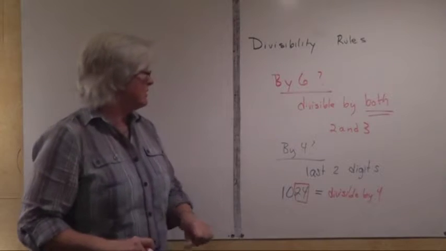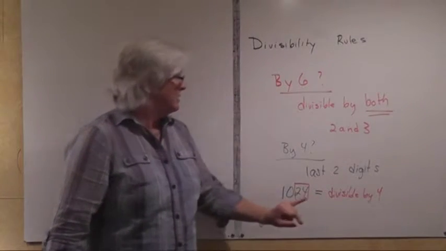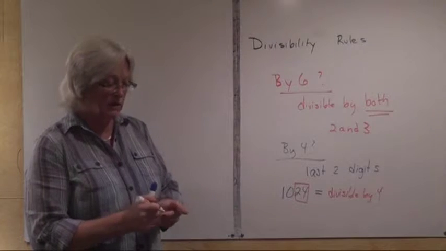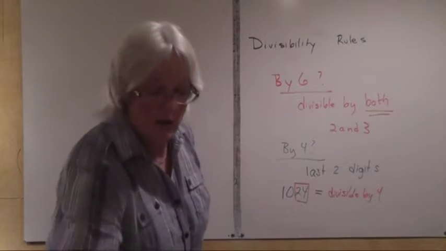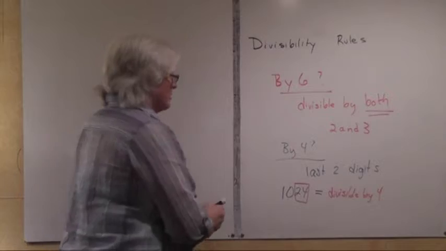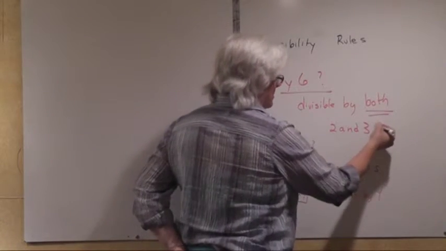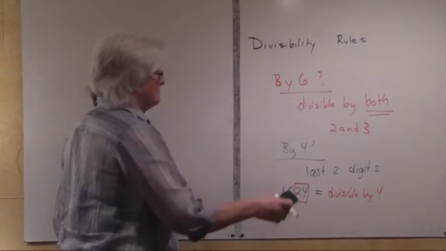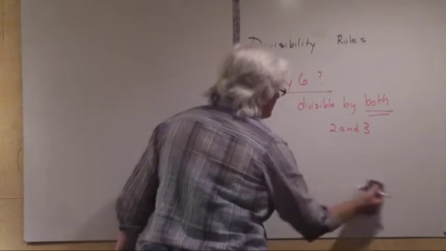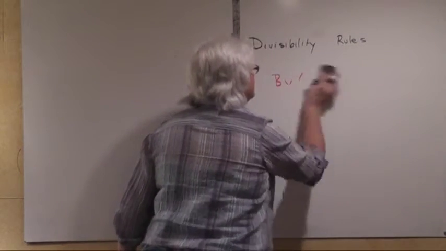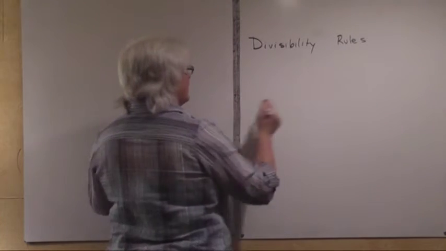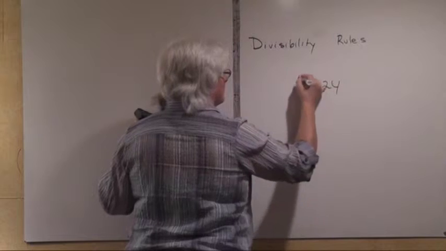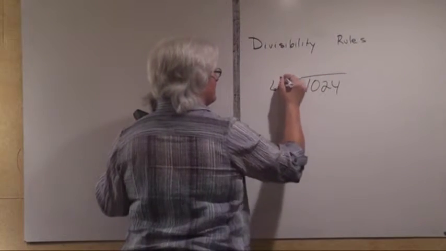If I illustrated it, I don't want to go ahead and do this without writing it. Let me get a different marker so that you can see it more clearly. And the board has gotten so messy. Let me clean this off. 1,024 is divisible by 4.